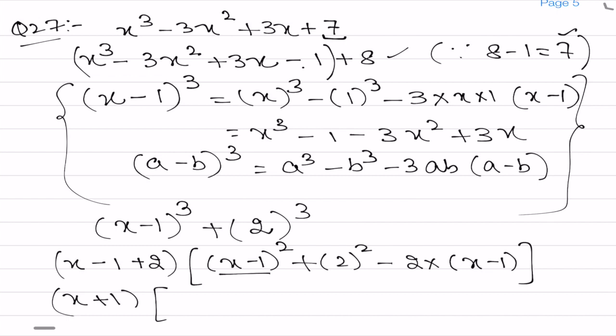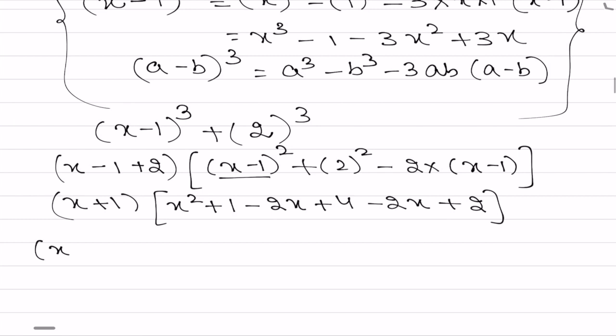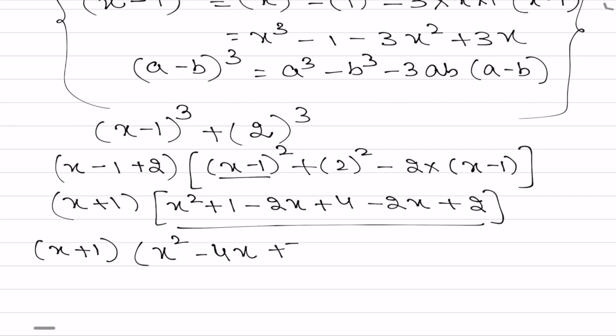So it becomes x square plus 1 minus 2x plus 4 minus 2x plus 2. Now x plus 1, here we will solve in the second bracket. We will see the like terms and solve. It becomes x square minus 4x plus 7. So (x plus 1) into (x square minus 4x plus 7) are the factors of the given expression.